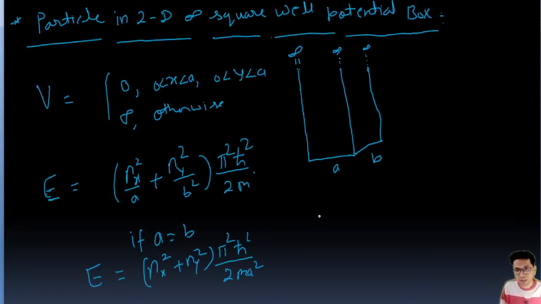Now we'll find degeneracy, where nx and ny are 1, 2, 3 and so on.